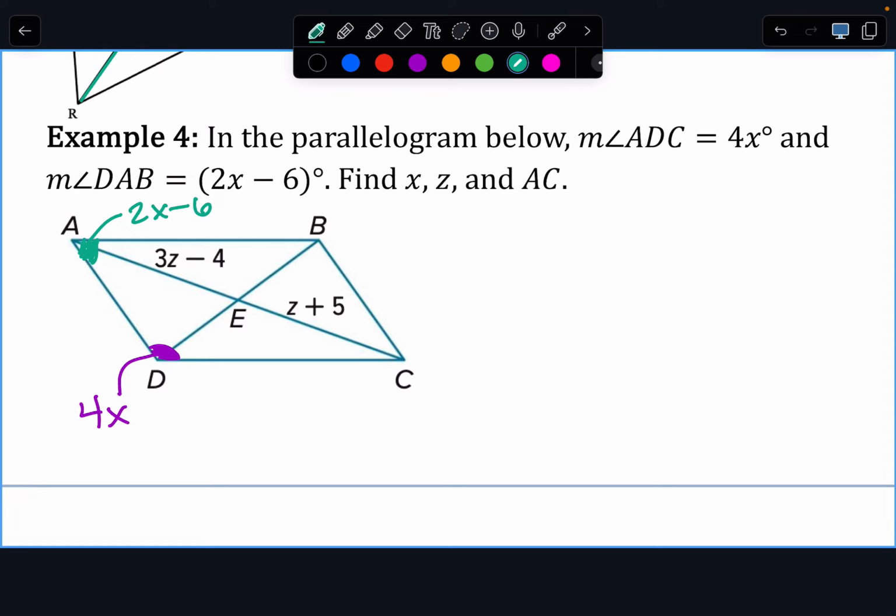What is true about angle DAB and angle ADC? Okay, since they're consecutive, these are parallel lines right here. They're going to be supplementary. So we have 2x minus 6 plus 4x equals 180.